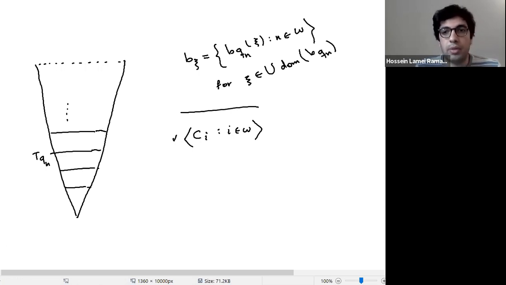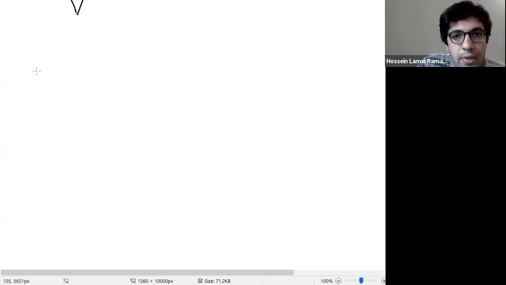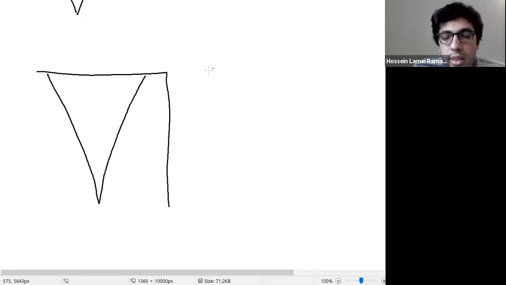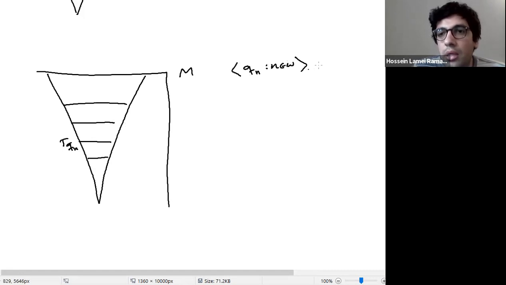And why do we care about this? The reason is this situation. Suppose we are given some countable elementary submodel M, and we have an M-Q generic sequence of conditions. So this is Q and TQNs, and QN, N in omega, is M-Q generic.